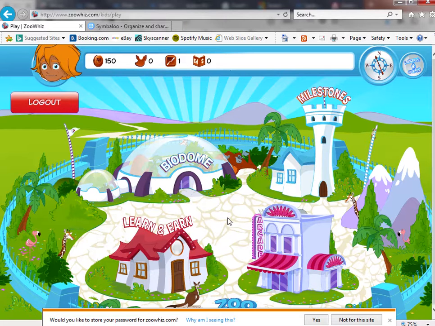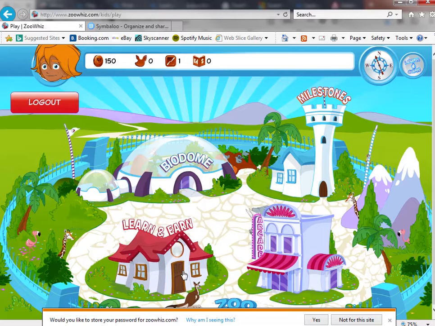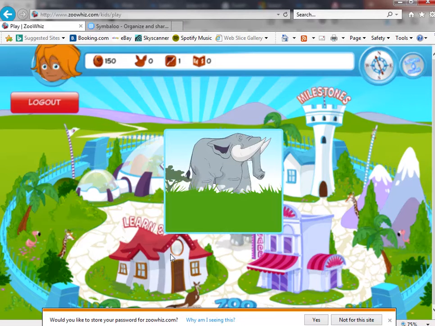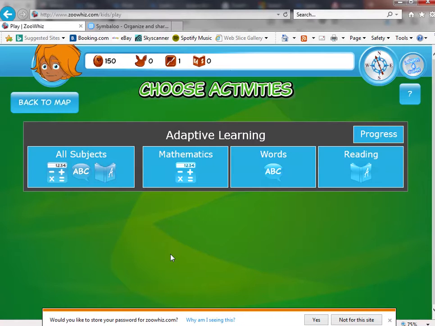Most importantly for us is you have the Learn and Earn. Now be mindful of the fact that Learn and Earn is about teaching. So the child won't go off and play games unless they have done work. The more work they do, the more points they earn, and those points can be used on the games. But of course, as they start, they're given some bonus points. As you can see from there, a child has been given 150 bonus points, and they can use that to go and buy something.